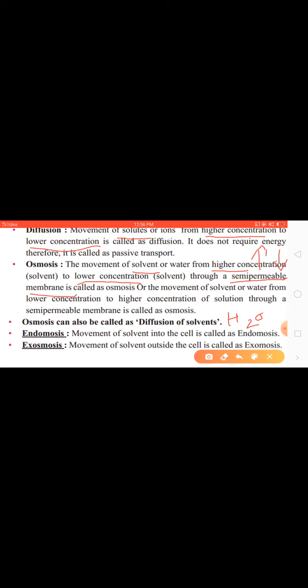And if it is moving from the cell to the outside environment, that is movement of solvent outside the cell, it is called exosmosis. I hope you have understood clearly what is diffusion and osmosis.